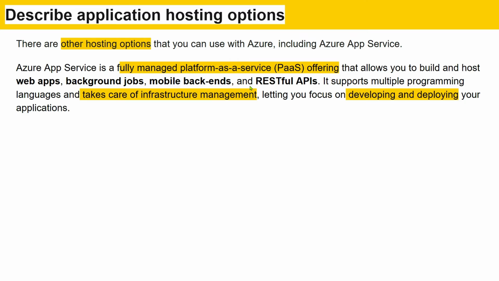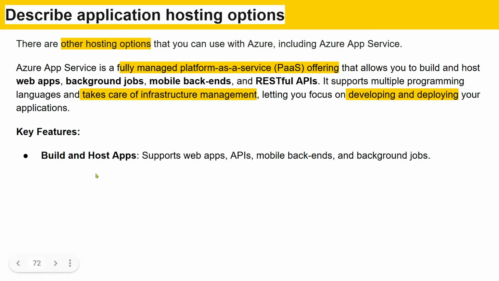It will be taken care of by the cloud, by Microsoft, letting you focus on developing and deploying your application. All you have to do is leave all the worries and focus on developing and deploying your application. So Azure App Service is another term that we're learning. Let's learn a few more things about Azure App Service.